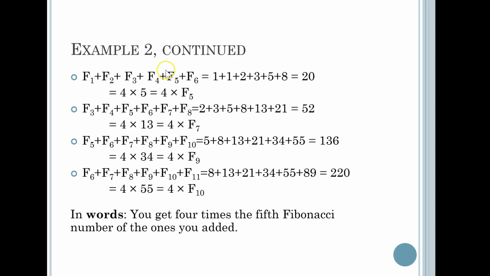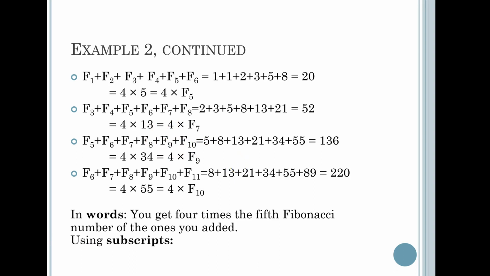And what you should be able to see is that this is 4 times the 5th one, the 5th Fibonacci number of the ones I just added. This is 4 times 1, 2, 3, 4, 5. This is the 5th Fibonacci number right here. And again, 1, 2, 3, 4, 5. This is the 5th Fibonacci number right here.